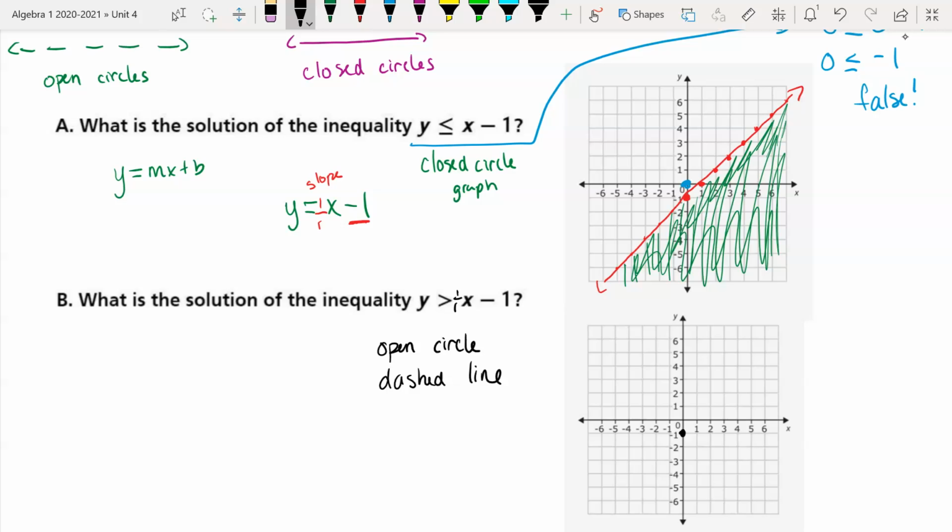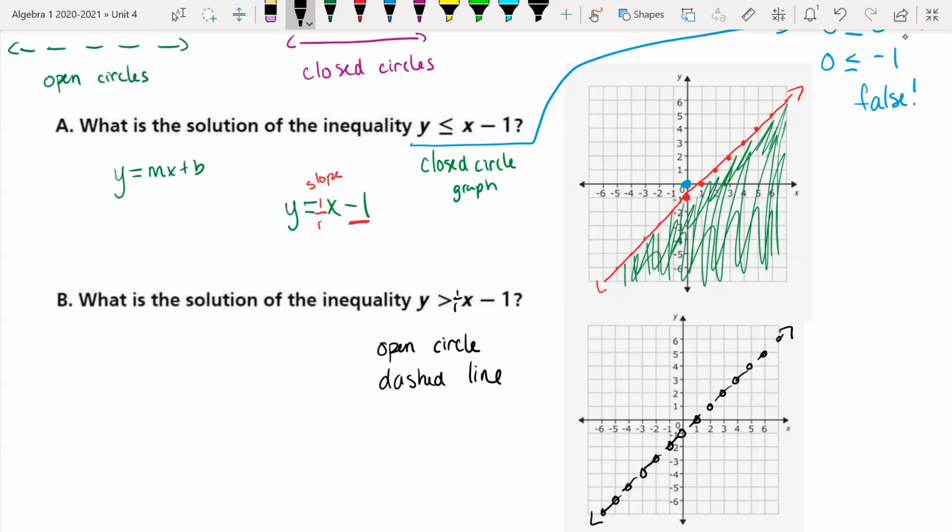And I'm going to go up 1, right 1. Oops, I should have made an open circle. Up 1, right 1, up 1, right 1. If you notice, it is the same line. However, instead of being closed, it's an open one. So I'm going to use a dashed line here to represent that.